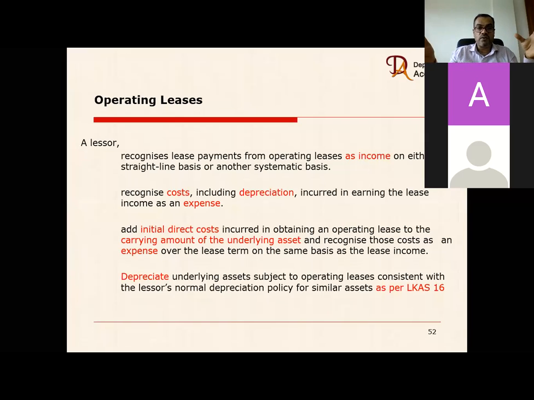There is no hard and fast rule if it is an operating lease. It is simply matching the situation of simple hiring of an asset. If you hire an asset, take that revenue, the gross amount, to your income statement, simply disregarding the time. Then recognize cost including depreciation incurred in earning the lease income as an expense.